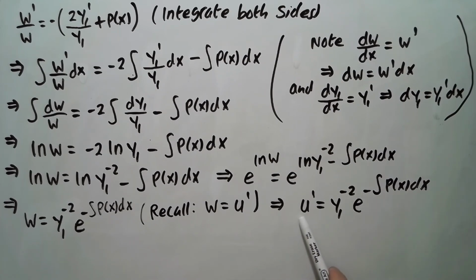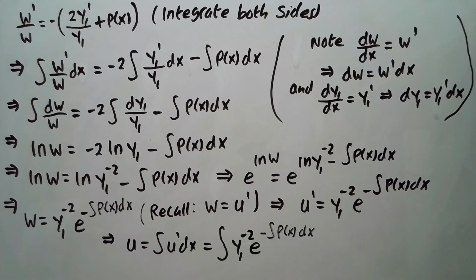We can then solve for u by integrating both sides. So u will be the integral of u prime dx, which will be the integral of y1 to the -2 e to the minus integral of p of x dx, dx.